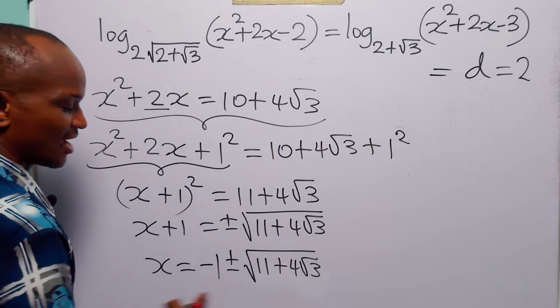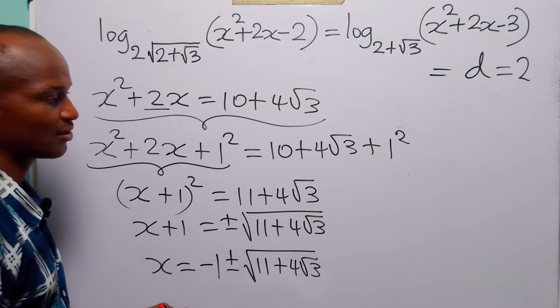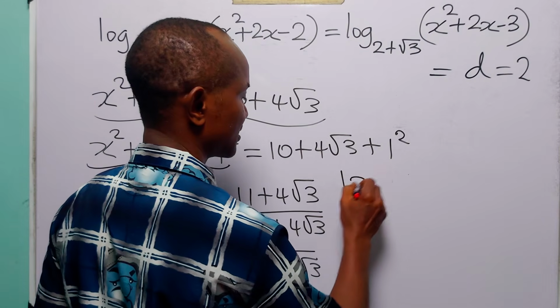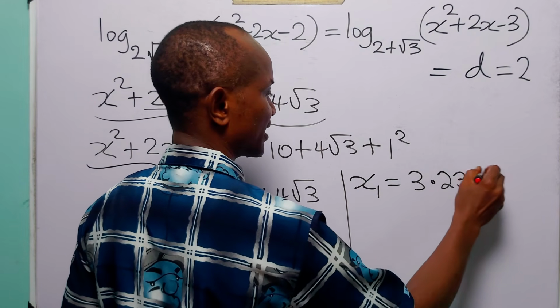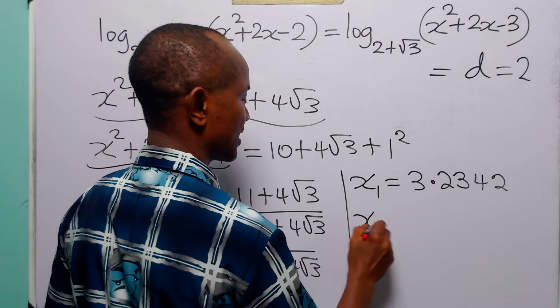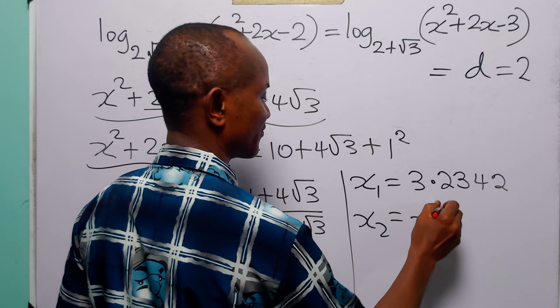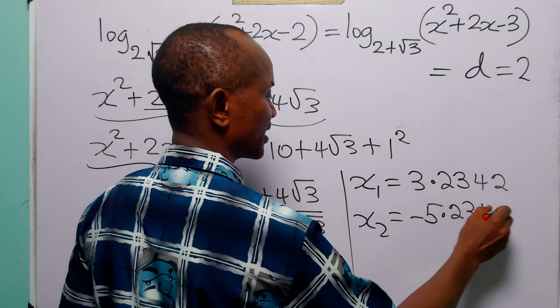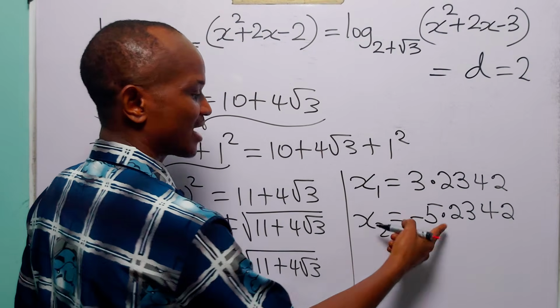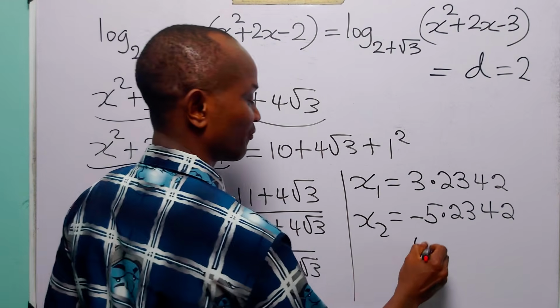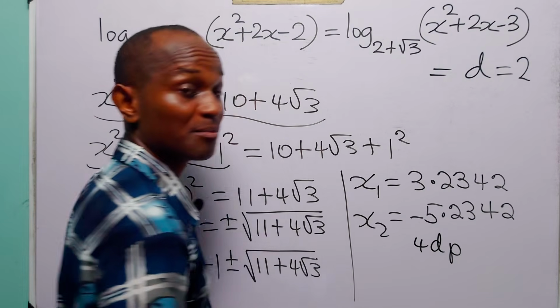Now, of course, you can evaluate this with a calculator. When you do that, you get x1 equal to 3.2342 and x2 equal to minus 5.2342. And of course, you know that these two values are given to 4 decimal places.